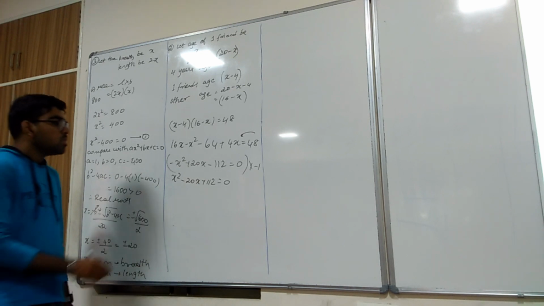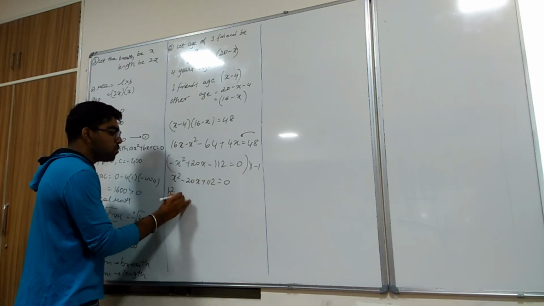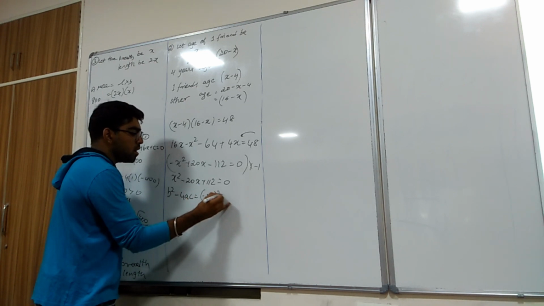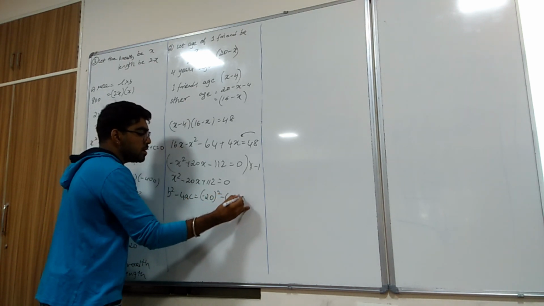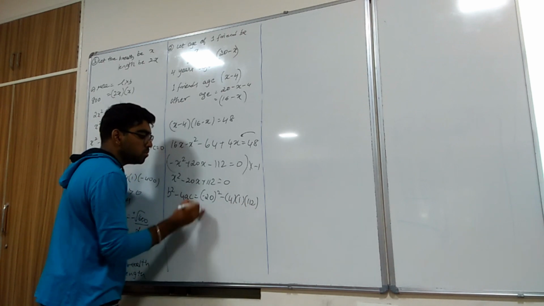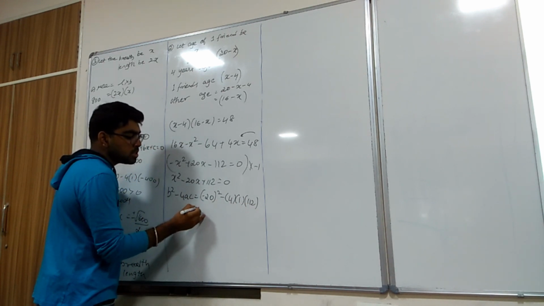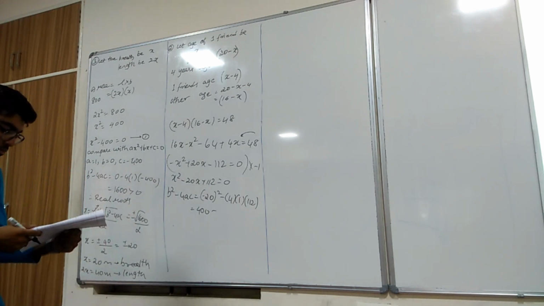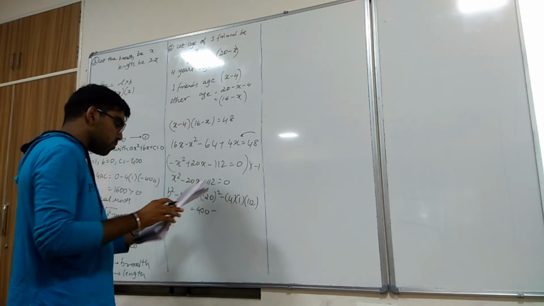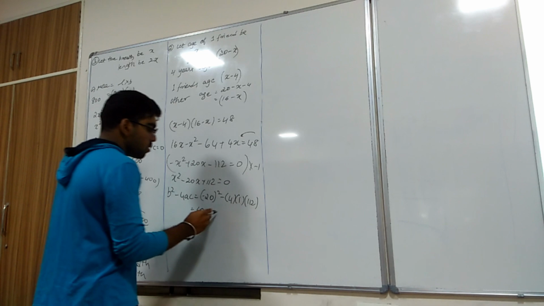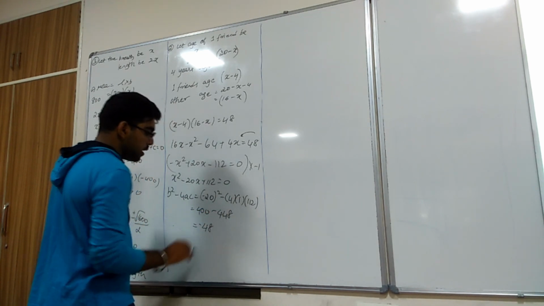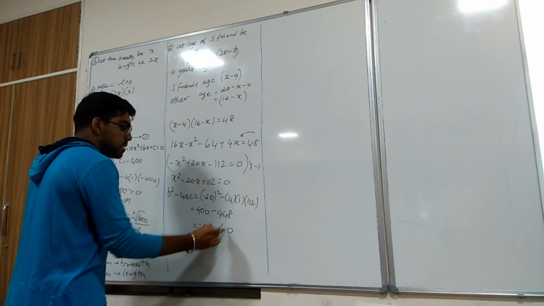What will you do? b square minus 4ac. Minus 20 the whole square minus 4 into a is 1, c is 112. 20 square is 400 minus 4 into 112, which is 448. 400 minus 448 is less than 0.